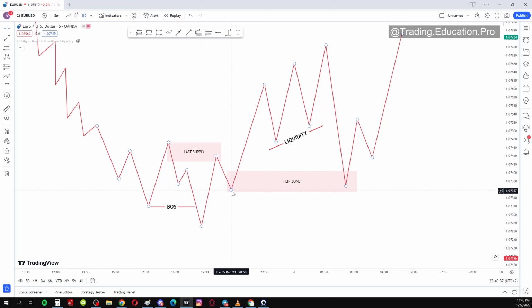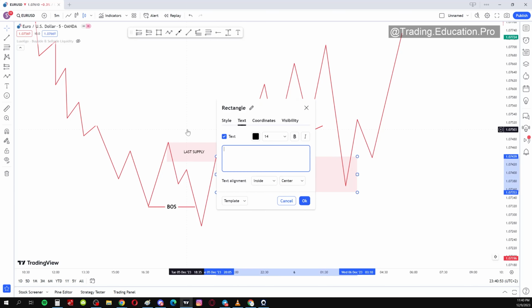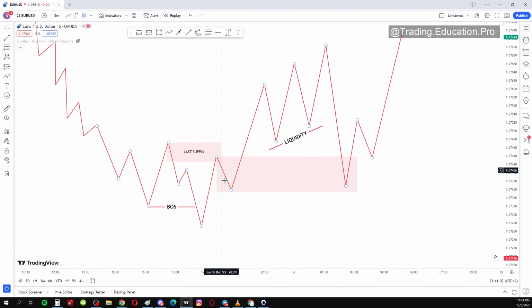And if we are going up, then this whole thing is your flip zone. Why is it a flip? I would say it's a supply to demand flip, that's what I call it.